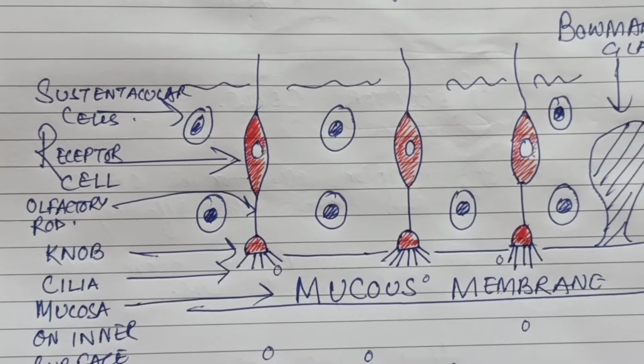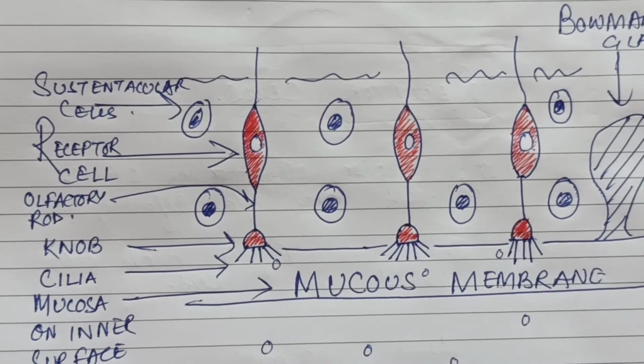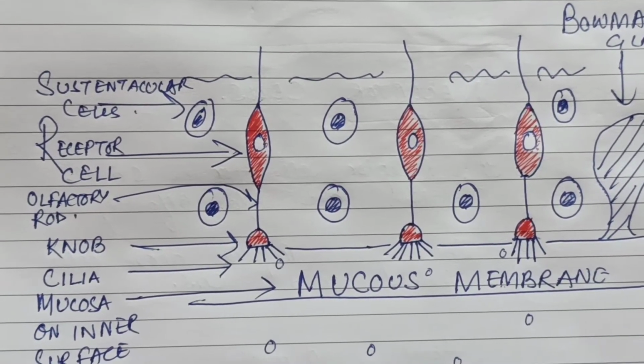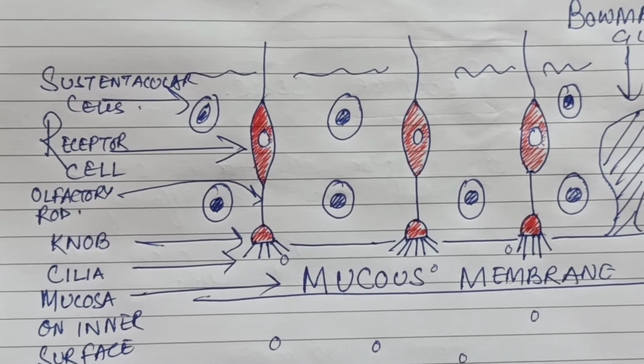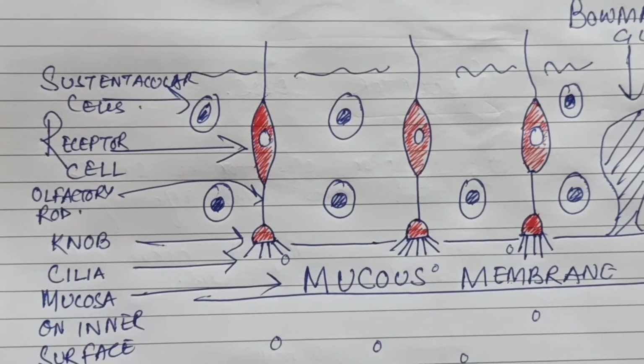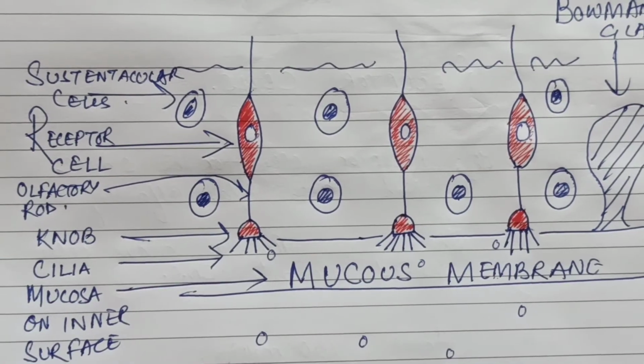Now you can see something termed as knob. The distal portion of the olfactory rod or the dendrite forms a knob-like structure from which the cilia come out. These are usually 4 to 25 in number.